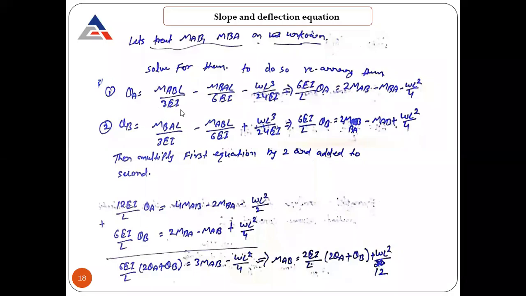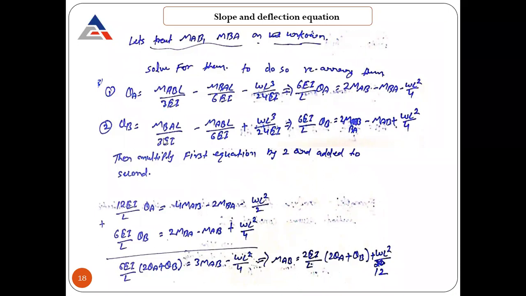Put in all the values and rearrange them. Take the common factor out of this equation, simplify it, and take one of the values to the other side as a negative. That is the final value you get after some mathematical calculation.